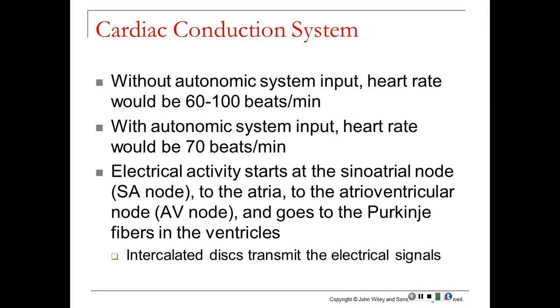The electrical activity begins with a location called the sinoatrial node, or SA node. That's also known as the pacemaker. This is located in the right atria, and the signal goes from that SA node to what's called the AV node, or the atrioventricular node.